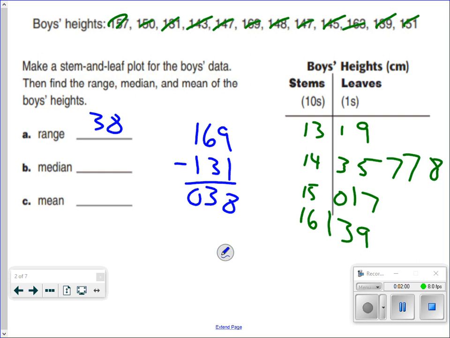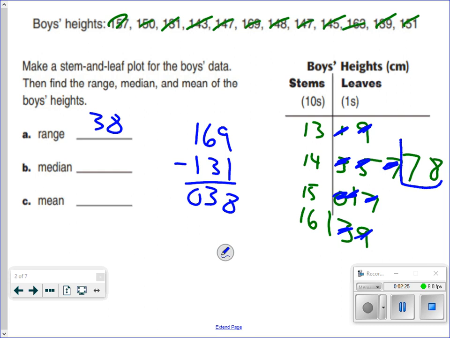My median number is the number right in the middle. My mean, I have to add all these up and then divide by however many I have of them. So my median, let's kind of go through this stem leaf. 131 would be my smallest, then 169 would be my biggest. 139 is my smallest, 163 is my biggest. 143, 157, 150, 145, 151, 147, 150.